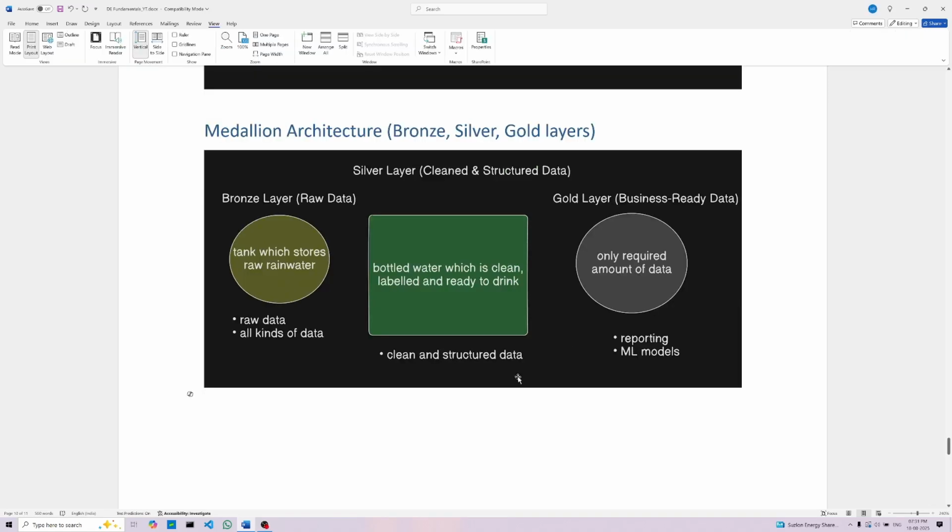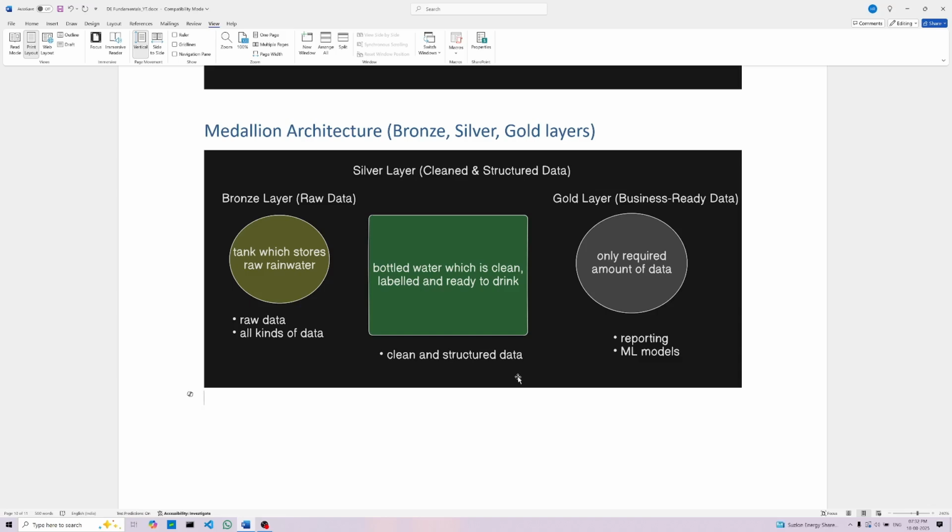So next is medallion architecture. It contains three types of layers: bronze layer, silver layer and gold layer. So again let's take an example of a water supply system. So bronze layer is the tank which stores raw rainwater. Okay, this is bronze layer. Then silver layer is the tank which stores clean water.